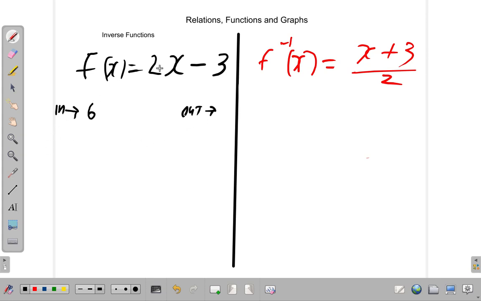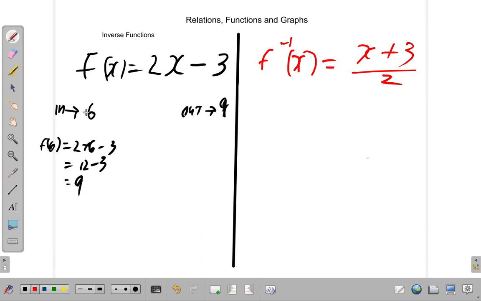When we put 6 into the function, we say let x equal 6. When x is 6, we find f of 6 is 2 times 6 minus 3. 2 times 6 is 12. 12 minus 3 is 9. So out comes 9. Good. We put in 6 and got out 9.